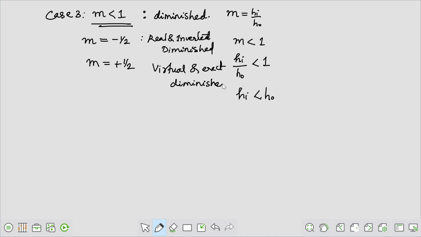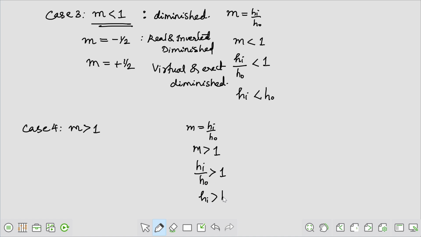Now let's see case 4. Magnification greater than 1. Again, we have magnification equal to hi by ho. Magnification greater than 1 means that hi by ho is greater than 1, or hi is greater than ho.